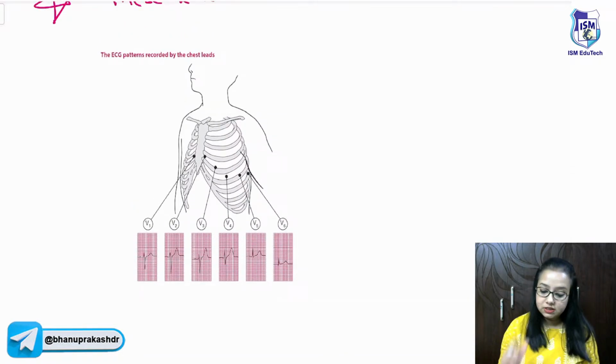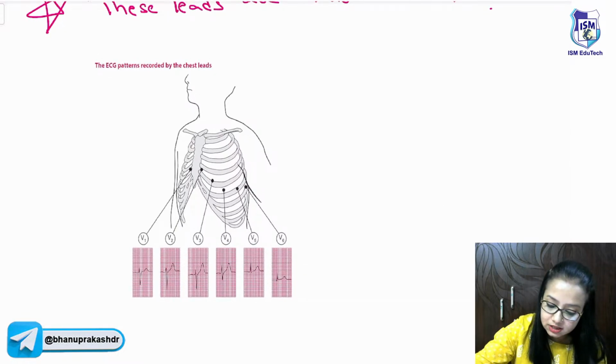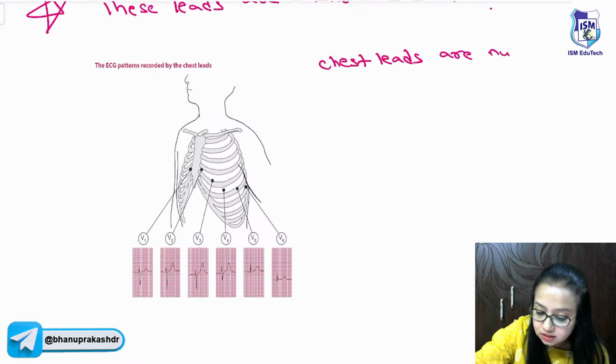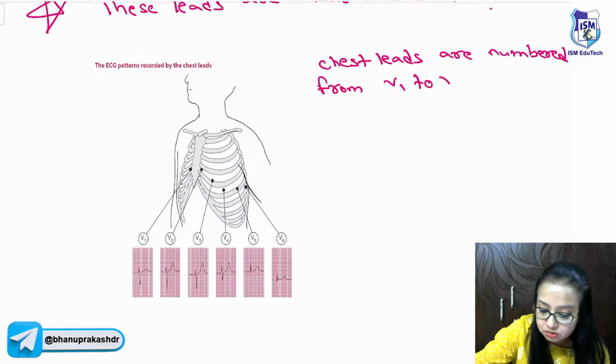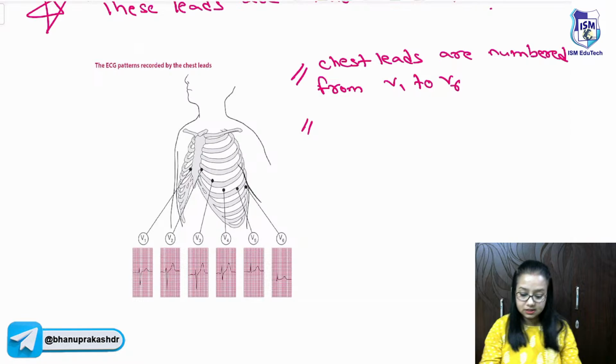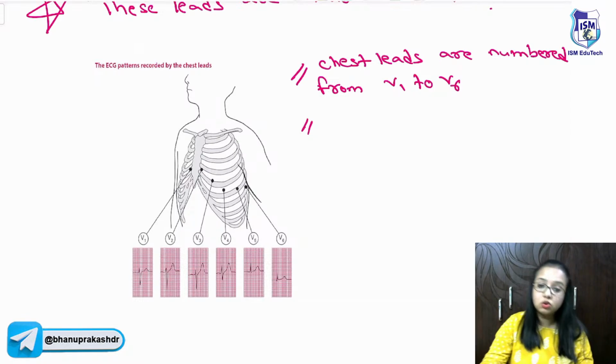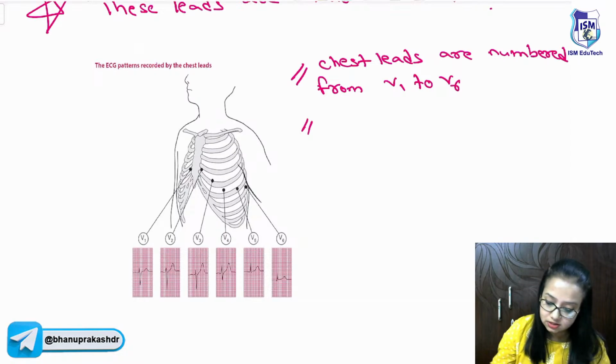If you look at the picture, you see this chest lead, their nomenclature: chest leads are numbered from V1 to V6. They are numbered from V1 to V6. And their orientation, how do they lie? They are oriented in the intercostal spaces.